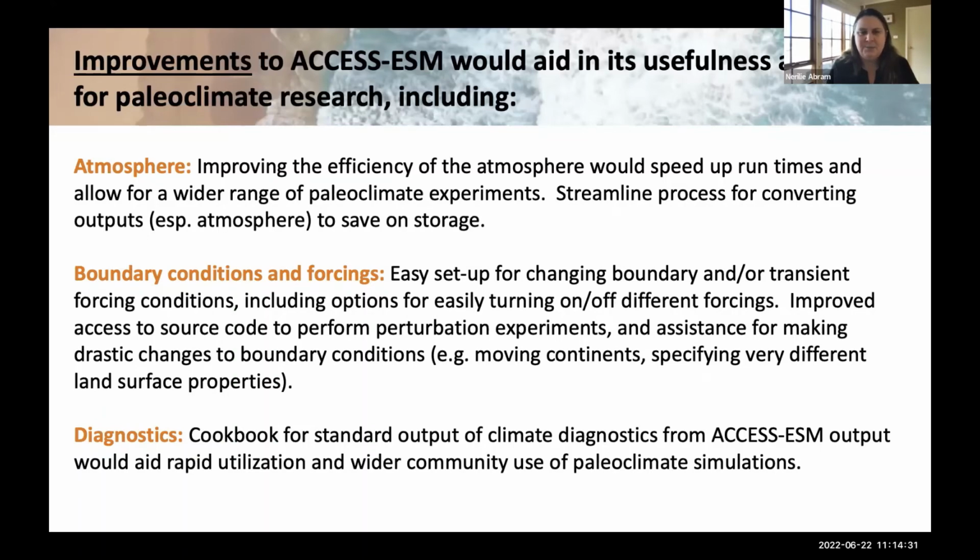And also some sort of diagnostics, so a cookbook for standard output of the diagnostics from the ESM output, we think would be very helpful for being able to rapidly utilize the model output, but also getting a larger number of people in the community accessing and using those paleoclimate simulations.